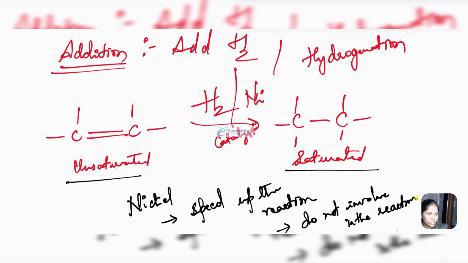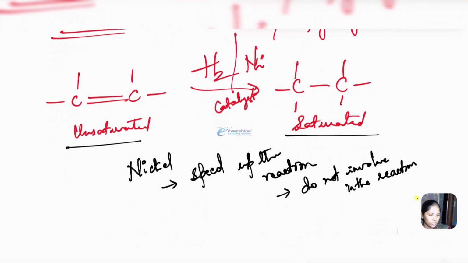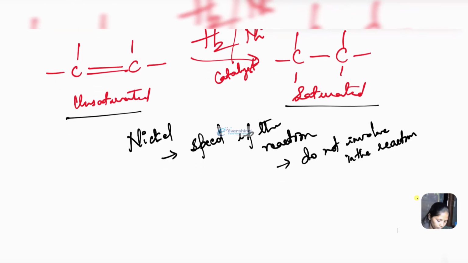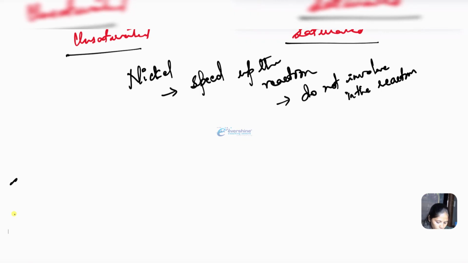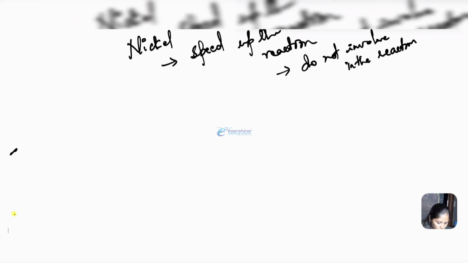Okay, next we will go to some important carbon reactions. Another reaction is substitution reaction. For example, methane is there.